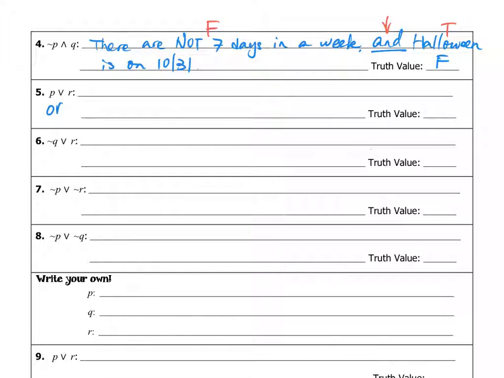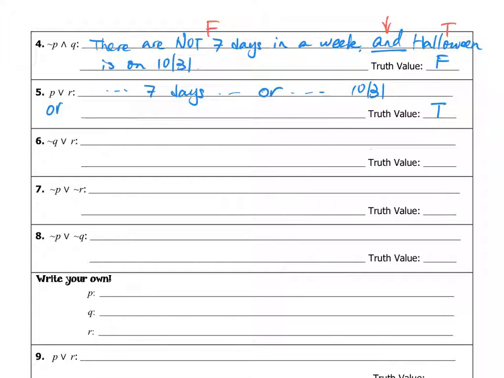So you just need to say there are 7 days in a week. Now we just put or in. Or Halloween is on October 31st, right? There's 7 days in a week, or Halloween is on October 31st. Either one is true, so that's a true statement.